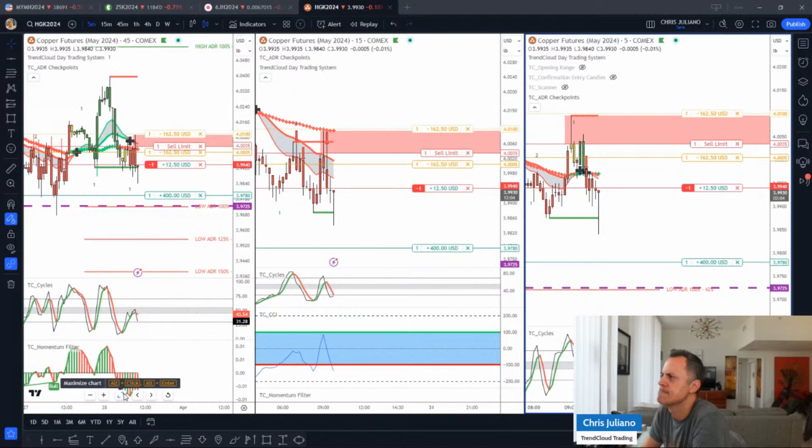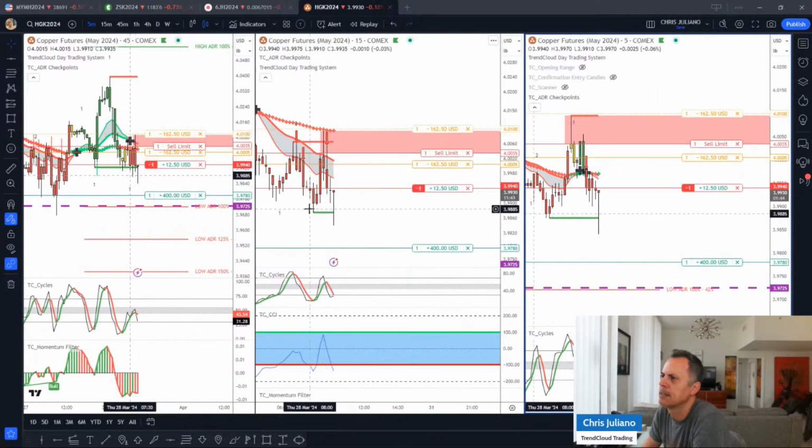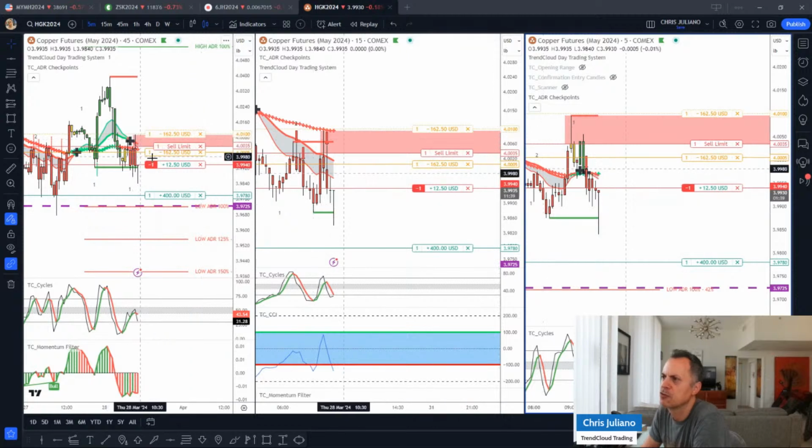Scalping is a little different. You've got to take those shorter moves. On these time frames, take a look at what we've got. Downtrend, downtrend, which is what we want. Cycling down across multiple time frames.